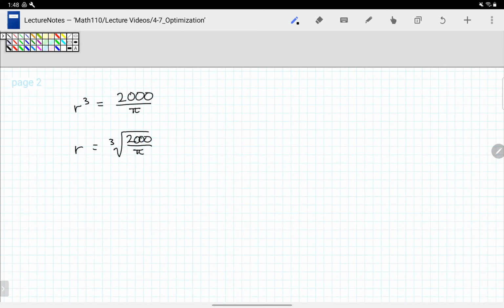I know that 10 cubed is 1,000, so that's the same as 10 times the cube root of 2 over pi. Now, I want to take this and double check using some technology real quick.